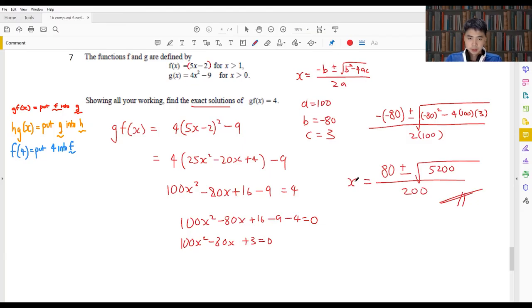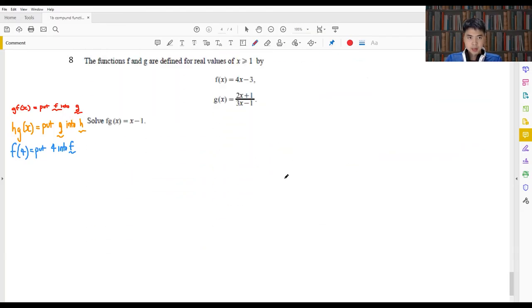Okay, one last example here. The composite function of fg(x) is equals to x minus 1. Again, first we have to find the composite function of fg(x). Putting g into f: 4 times (2x plus 1 over 3x minus 1), minus 3, that's f, is actually equals to x minus 1.